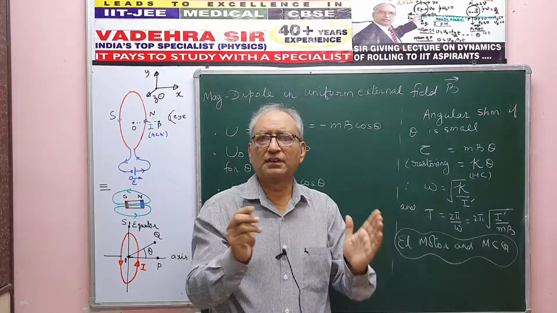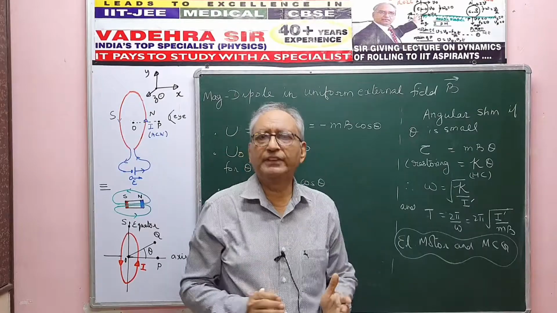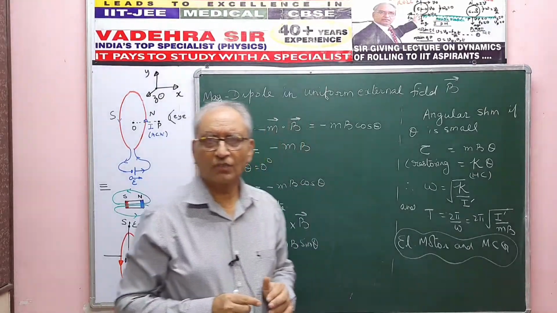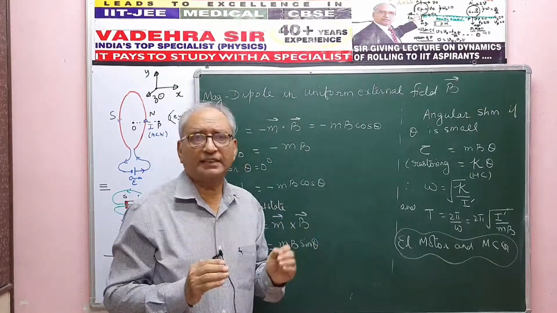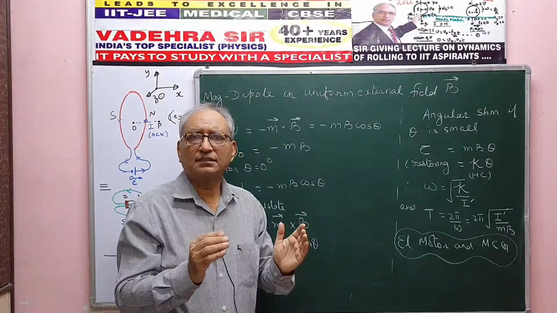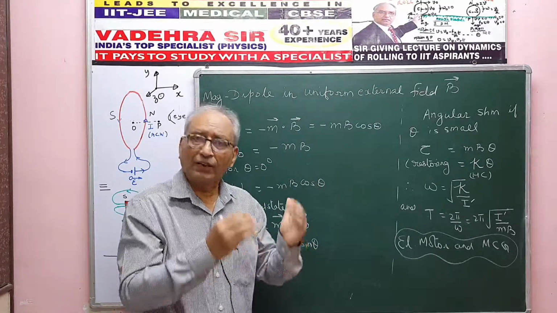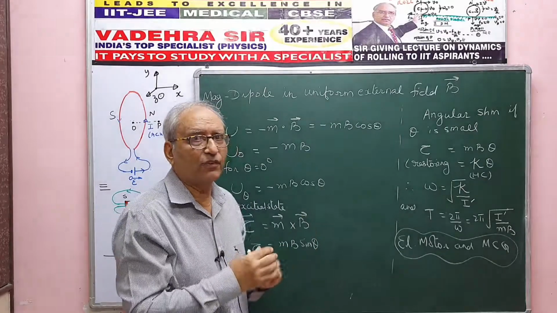All that principle we will discuss in a complete video on the working principle of a moving coil galvanometer. So with this, you understand the different properties of the dipole, the field, the potential, and also the behavior of the dipole in a uniform magnetic field.